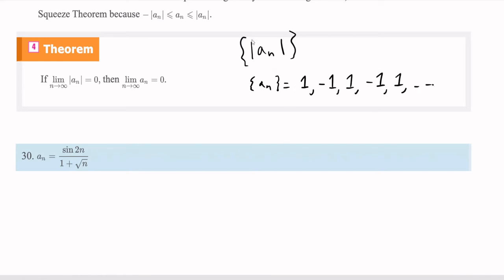Then if I start taking absolute values of this, it's just 1, 1, 1, 1 forever. I literally just do the absolute value of every single number. That's it. Make every number positive. Done. That's what this means in here.